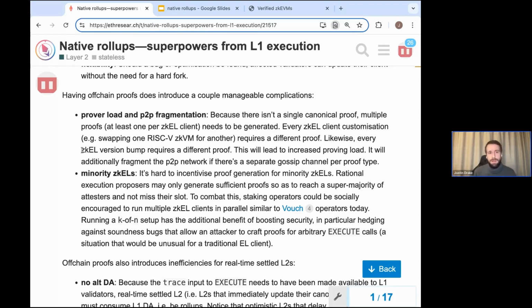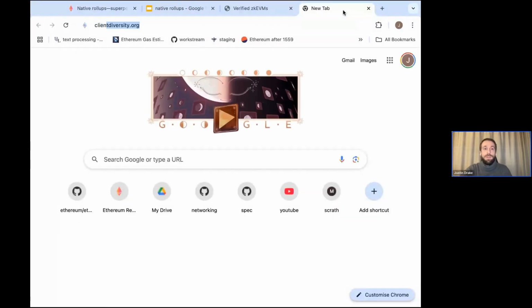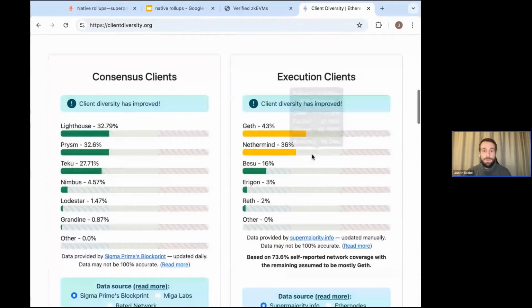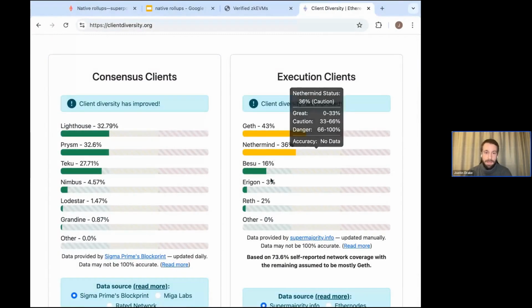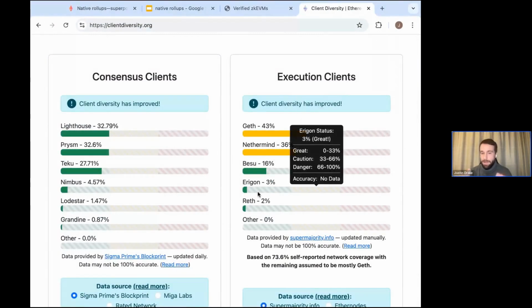And then another problem here is this idea of minority ELs. So today on Ethereum, if you go to clientdiversity.org, you'll see that there's some very popular ELs like Geth and Nethermind, and then there's some that are not so popular like Erigon.